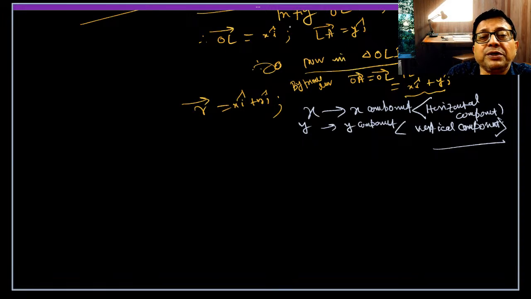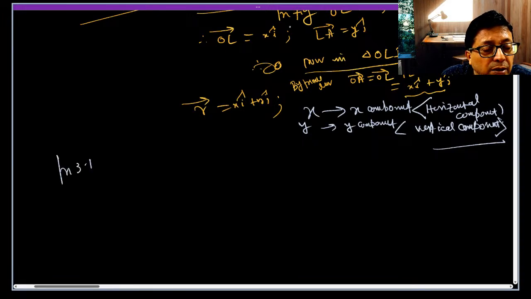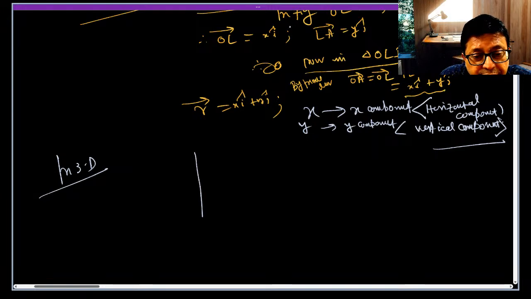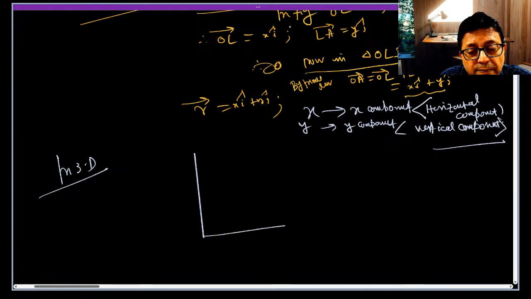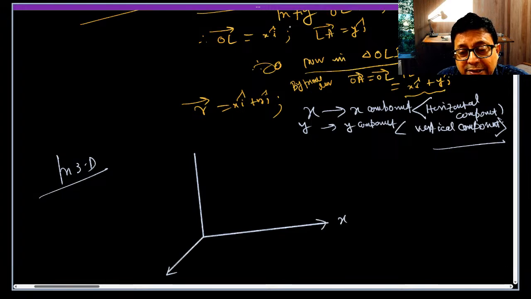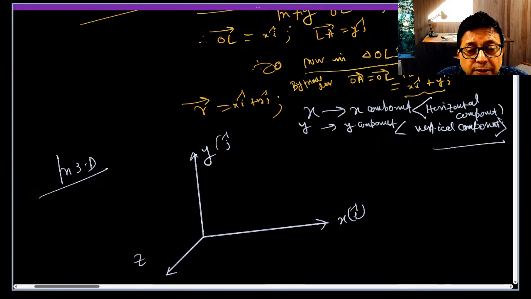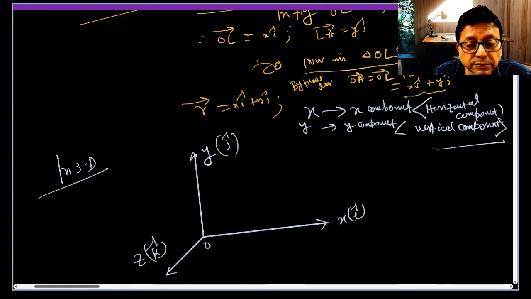In 3D, what is going to happen? In 3D, you take x, y and z. Unit vectors this way: i cap, j cap and k cap.